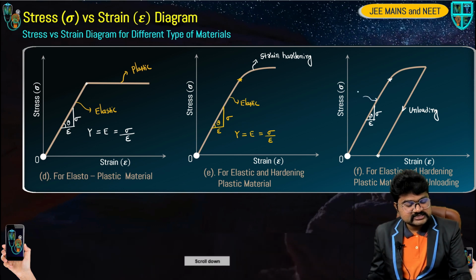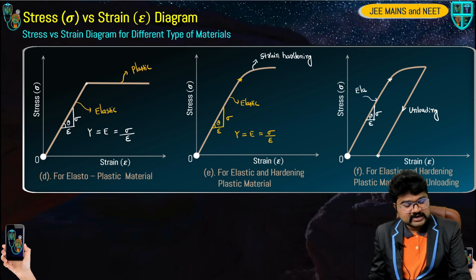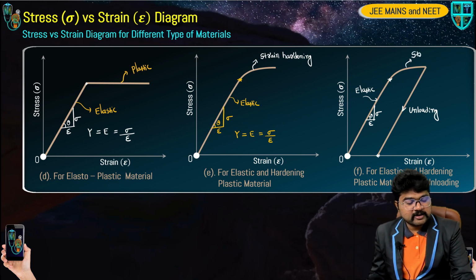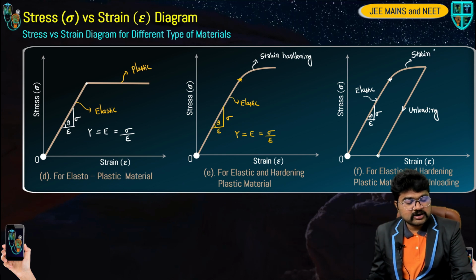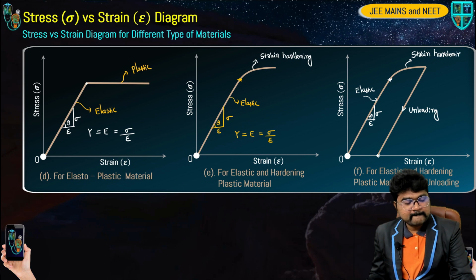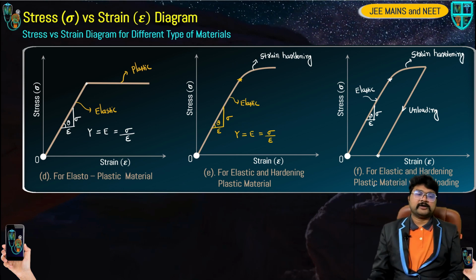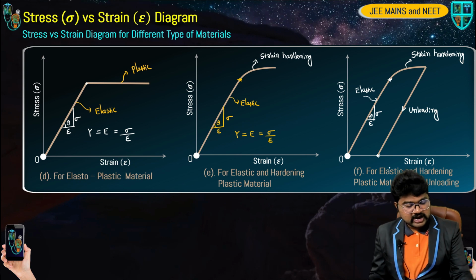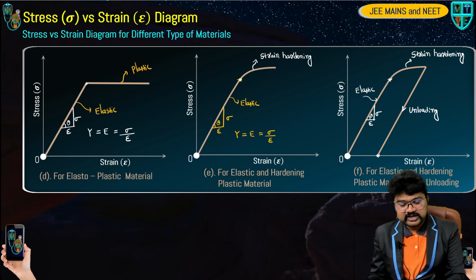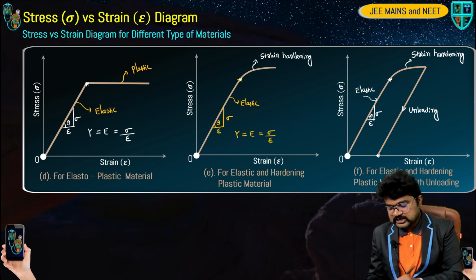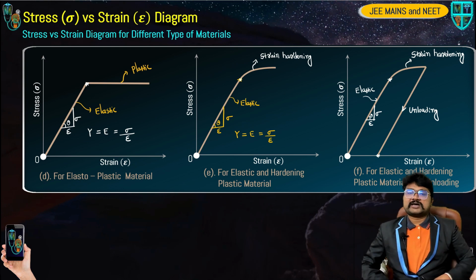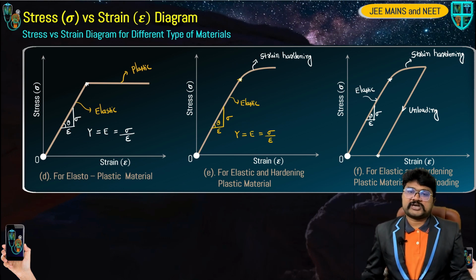This is elastic. Here it is strain hardening. Strain hardening with unloading. So this is unloading, strain hardening, and elastic. These are the different materials and the corresponding stress versus strain diagrams.